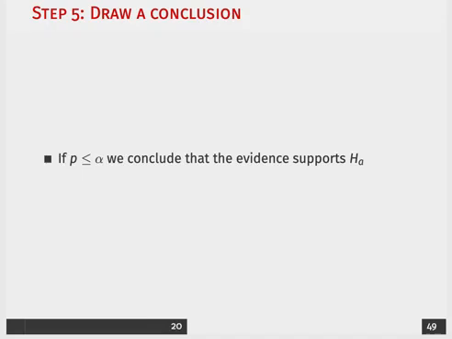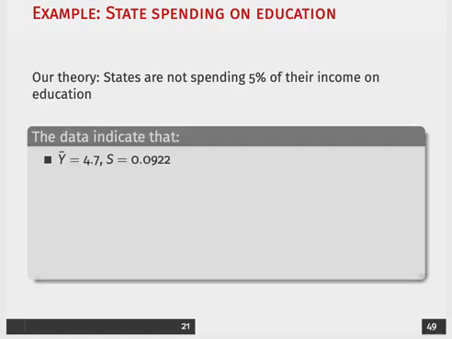If the p-value is below our critical threshold, typically of 0.05, we can say that the evidence suggests that we can reject the null hypothesis and the evidence favors the alternative. But I think what's important here is always provide the p-value and always provide the test statistic.